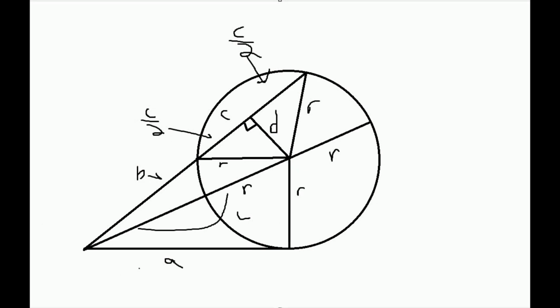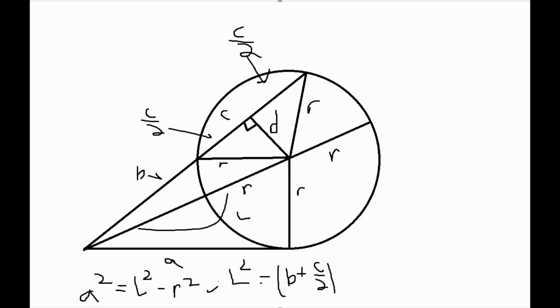So what we know by the Pythagorean theorem is that A squared equals L squared minus R squared. So we know this. Now what we want to do is look at L squared. So we know that L squared by the Pythagorean theorem is (B plus C over 2) squared plus D squared. And what we know about D squared, also by the Pythagorean theorem, is that it's equal to R squared minus (C over 2) squared.